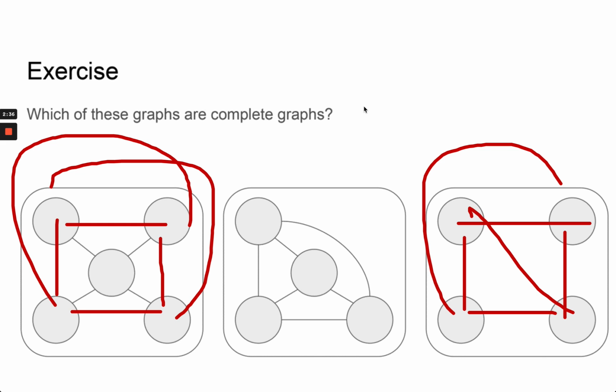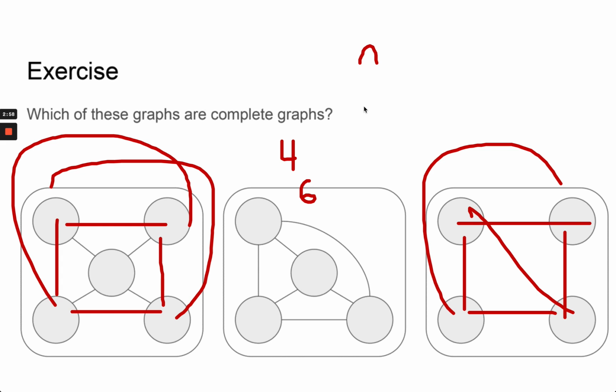So if a graph has, so here, just for example, a little more math, this graph has 4 nodes. It has 1, 2, 3, 4, 5, 6 edges. If a graph has n nodes and it's complete, that means between every pair of nodes there has to exist an edge.